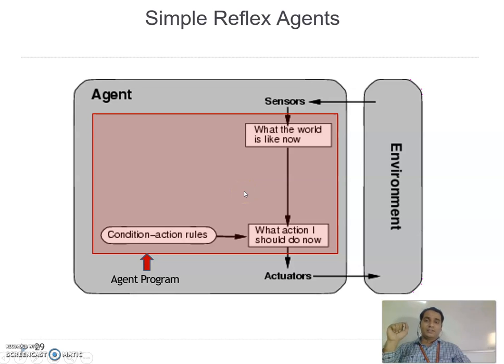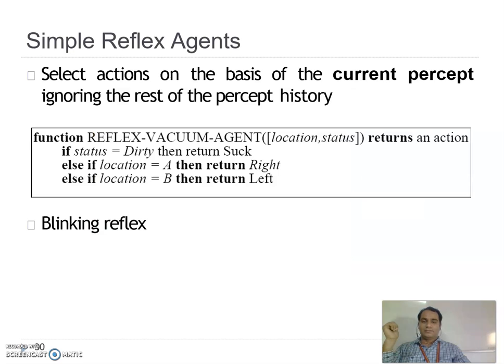But you should understand that for a simple reflex agent, the lookup table of condition-action rules would be very large for complicated things like chess, or maybe even for your two-state vacuum cleaner. The number of entries in the condition-action table would be very large. As we increase the number of locations, the table keeps growing, so it is not easy to maintain the table.